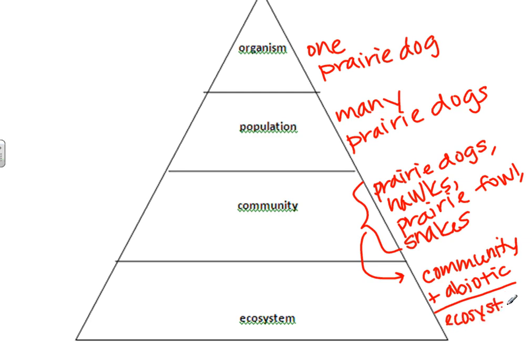Ecosystem is the biggest term of all of these. It encompasses everything. All of the abiotic and the biotic factors come together and make up an ecosystem.